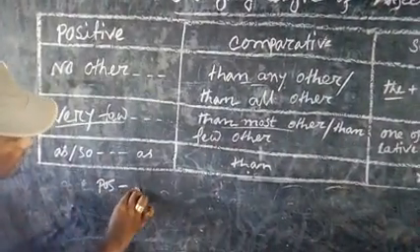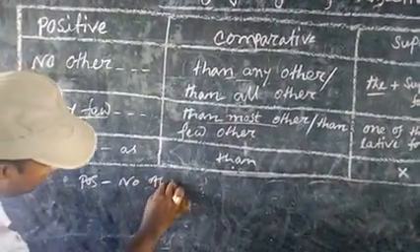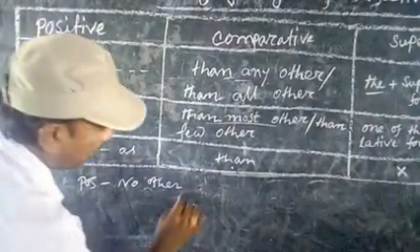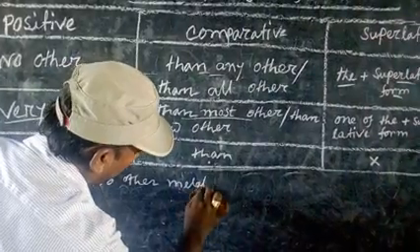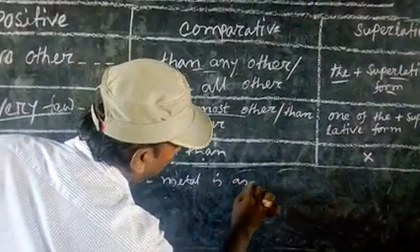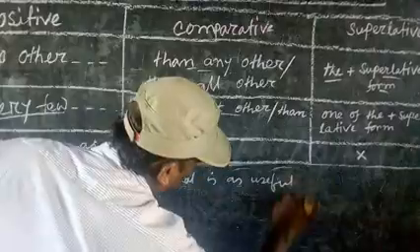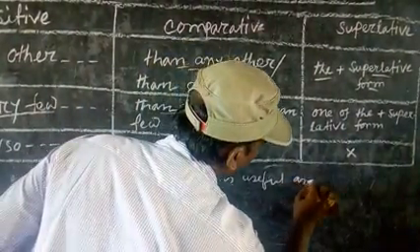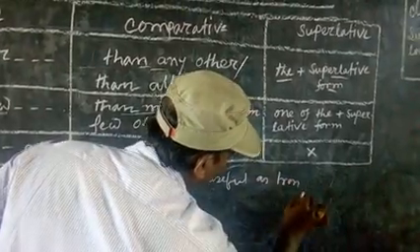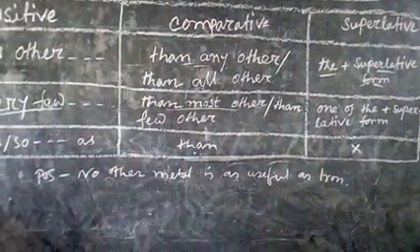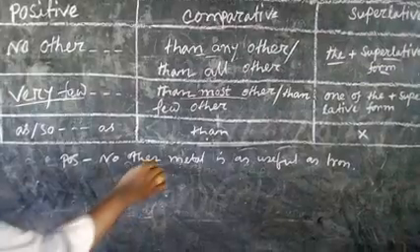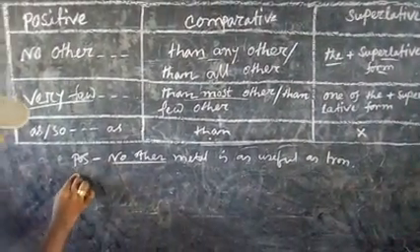Positive: no other metal is as useful as iron. This is a positive sentence that begins with no other.